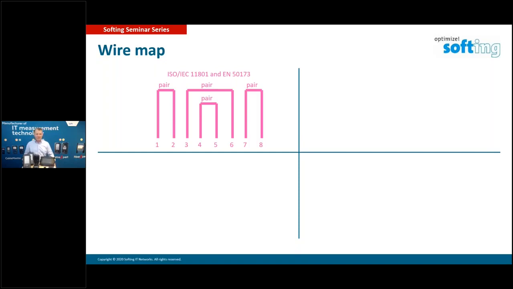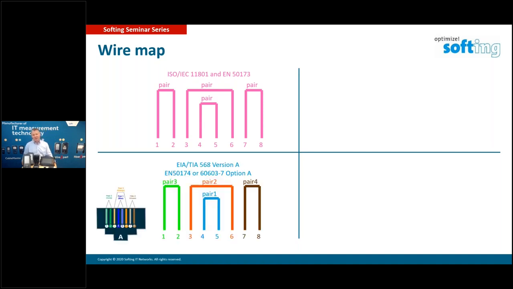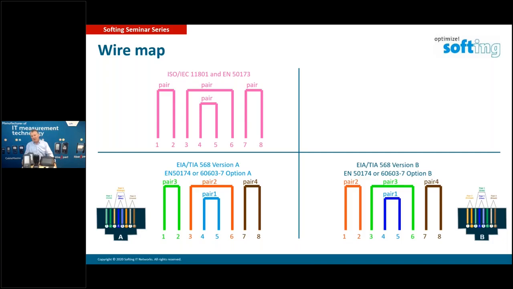If you take a look at the ISO/IEC 11801 and the EN 50173, this European standard, it will only show you that you have to use this pair scheme, but nothing is written about colors or which pair should be connected to which pin. That comes with the EIA/TIA 568, or it's written in the EN 50174. Maybe some of you know this installation standard. We talk about version A, and if you have a version A, you will have a version B as well.